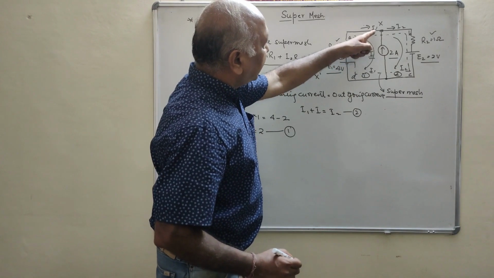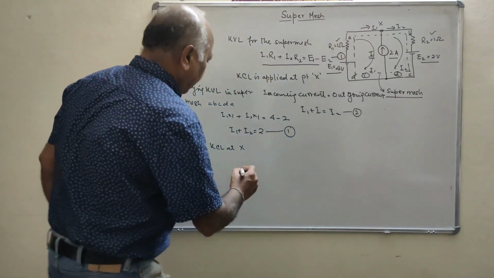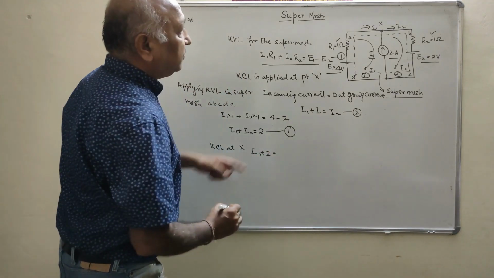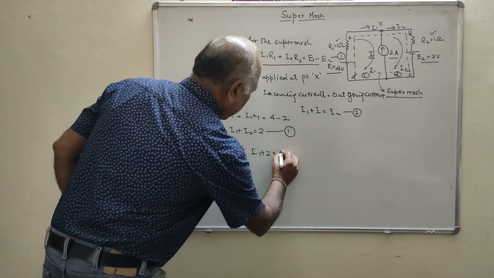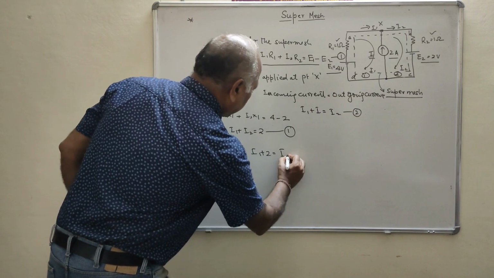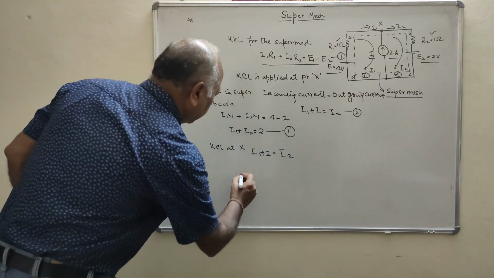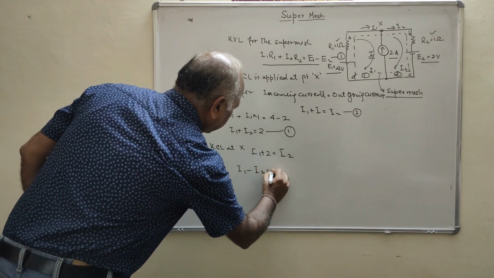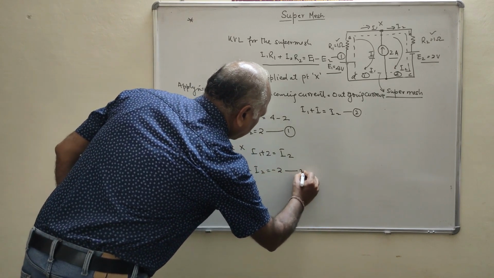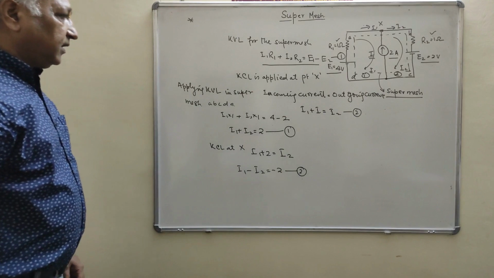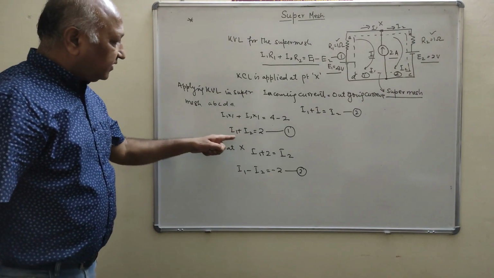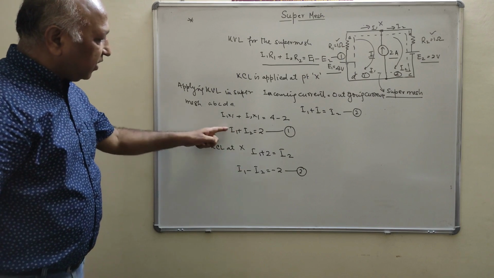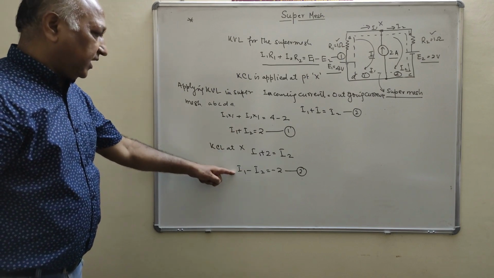The incoming current is I1 and 2, that is I1 plus 2, equal to I2, or you can say I1 minus I2 equals minus 2. This is equation number 2. Now we will solve these two equations for I1 and I2.